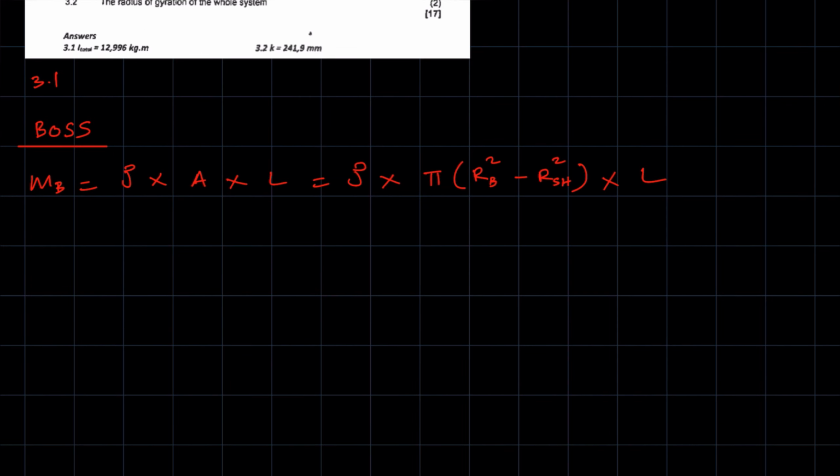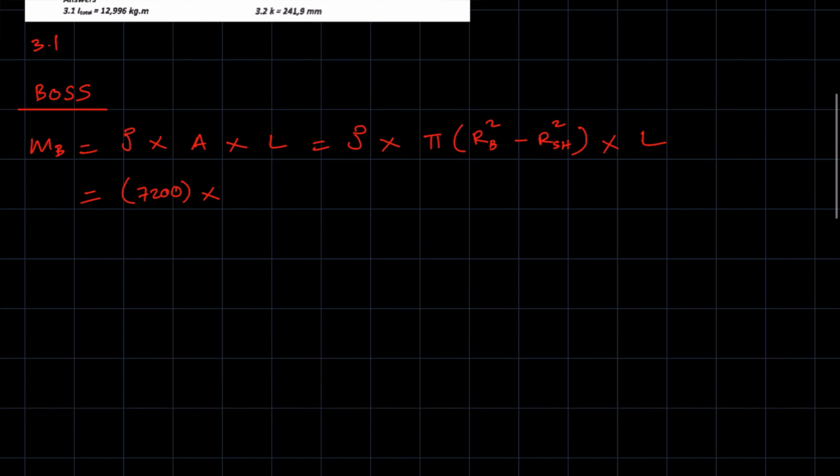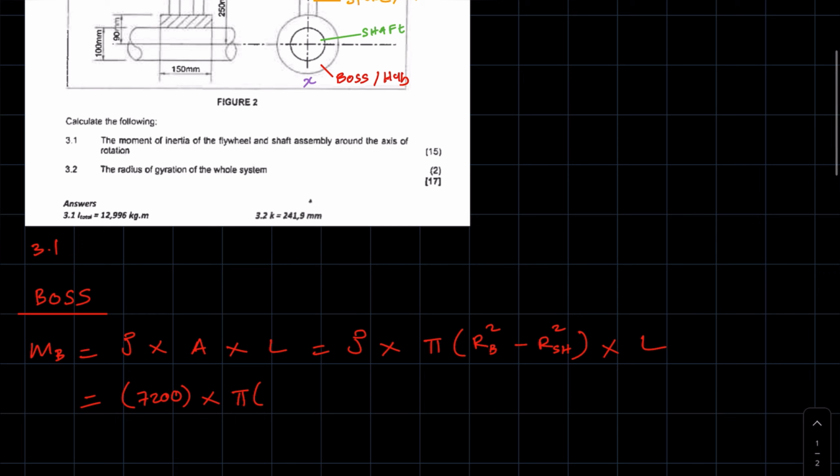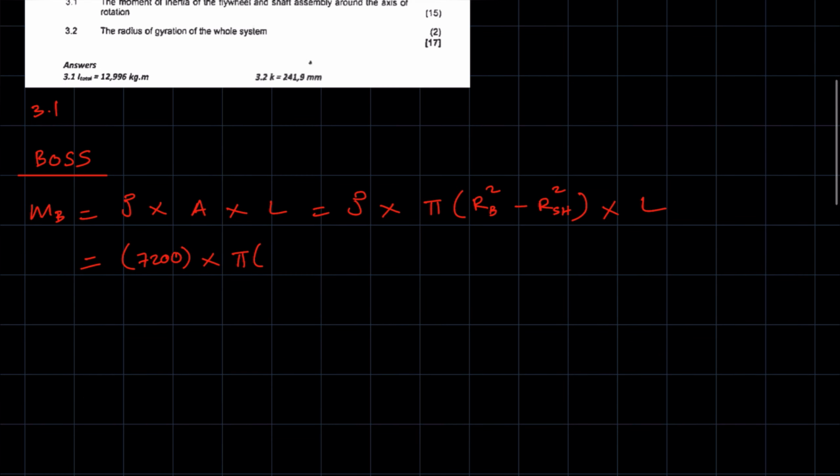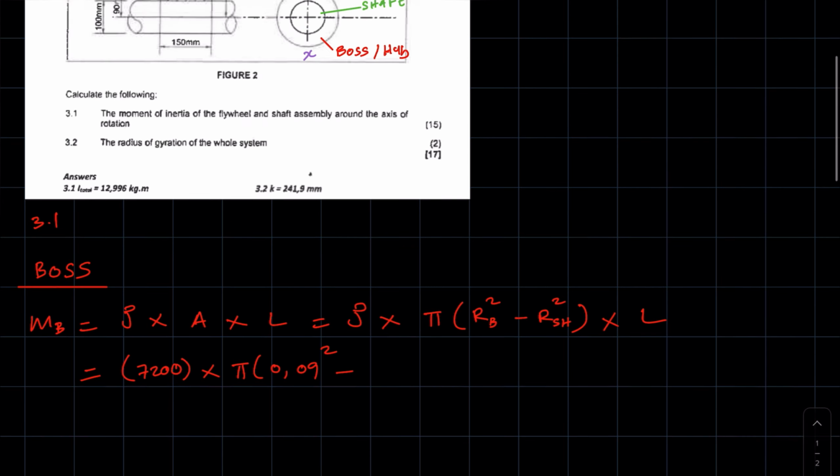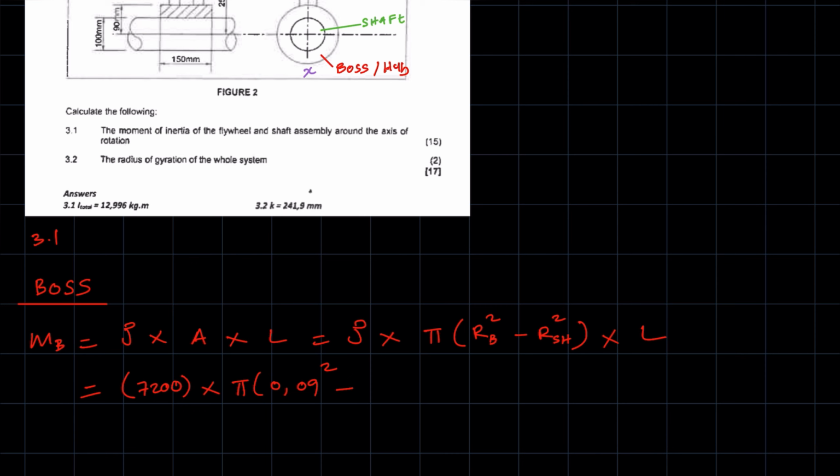So now we substitute. So this here is 7,200 times pi into the radius of the boss. As I've mentioned, the radius of the boss is from here to there, which is 90 millimeters, so the radius is 0.09 squared, minus the radius of the shaft.